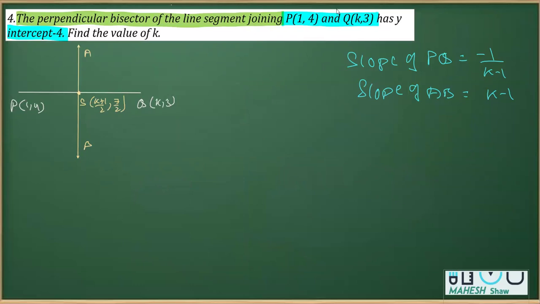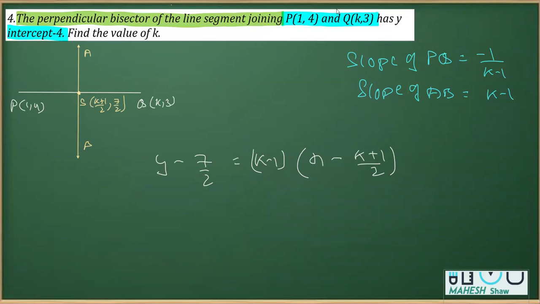Now I'm obtaining the equation of the line, which is y minus y naught, y naught is 7 by 2, is equal to m, which is from here k minus 1, into x minus x naught. x naught is k plus 1 by 2.